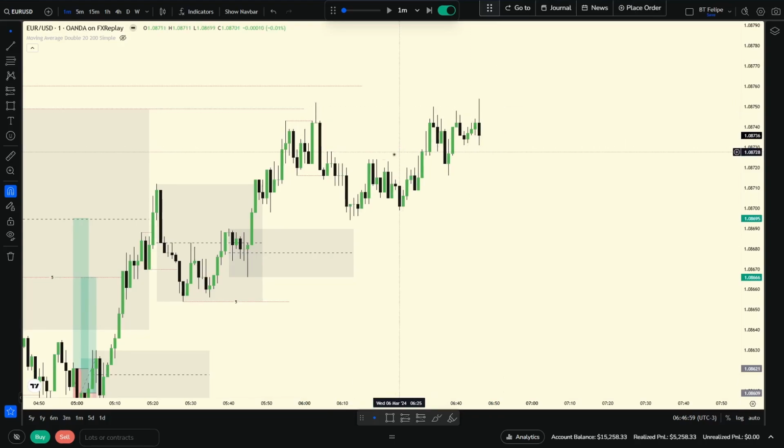Okay, didn't give anything. Didn't tap the POI. There was this manipulation that I could have used, but again there was no POI.